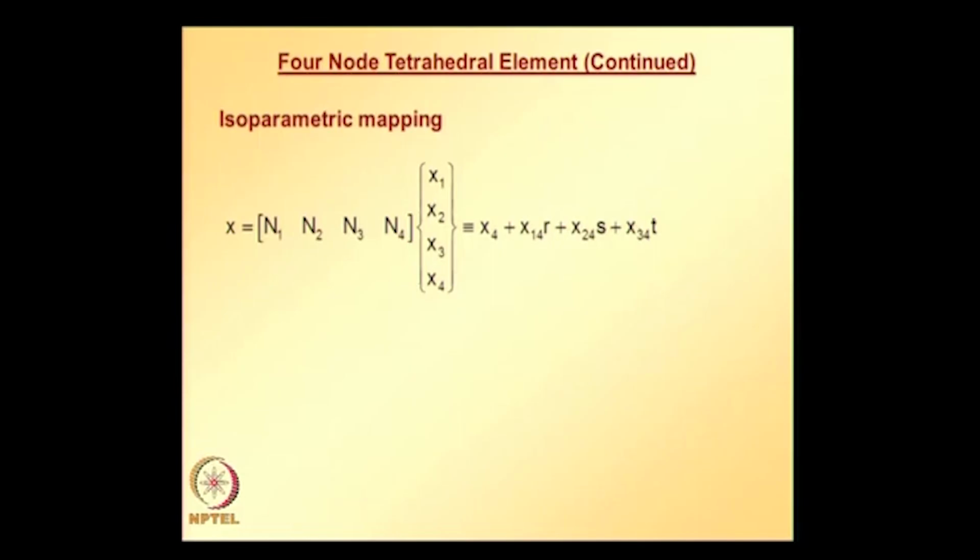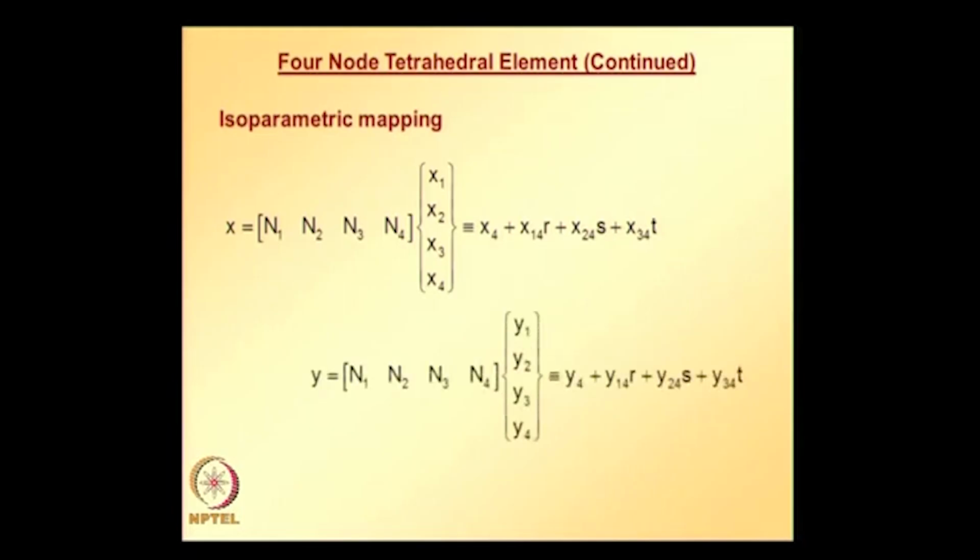Substituting n1 is equal to r, n2 is equal to s, n3 is equal to t, n4 is equal to 1 minus r minus s minus t, this expression can further be simplified as shown on the right hand side, where x14 means x1 minus x4, x24 denotes x2 minus x4, x34 denotes x3 minus x4.